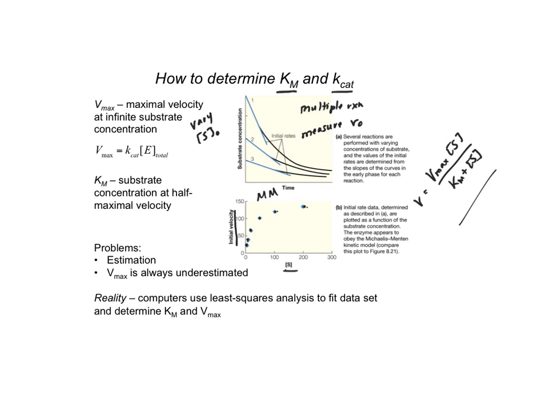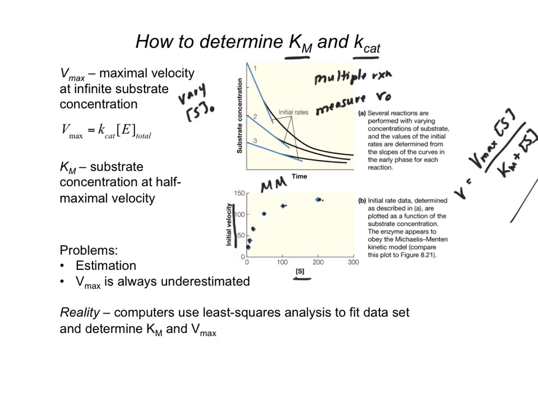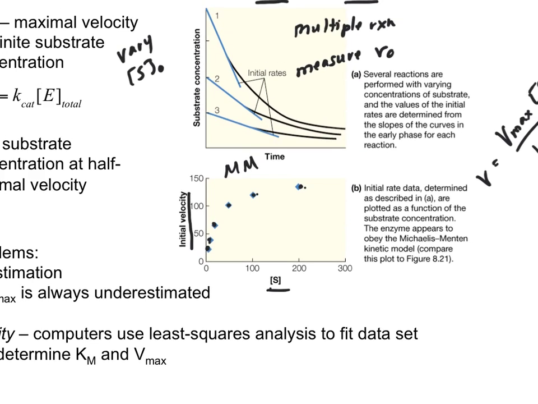All right, so now how would we determine the Km and then the Vmax from a graph like this? What is Vmax? Vmax is maximal velocity, right? We'll note that our little hyperbola reaches a point, and it's going to continue to go on. So how do we estimate Vmax?